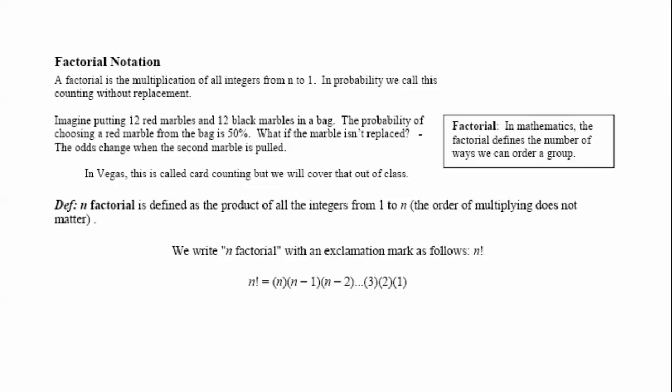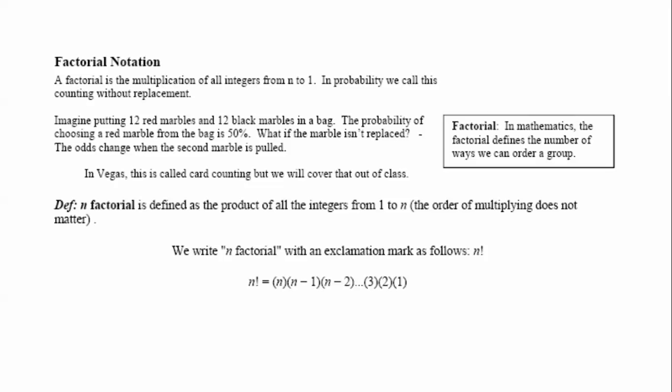Without replacement means that, imagine that there's a bag of marbles, and I want to know the total number of ways, or total number of orders, that I could pull a marble from the bag. Well, once I pulled the first marble out, I wouldn't count that as a second possible outcome, because it's pulled out of the bag without replacement.